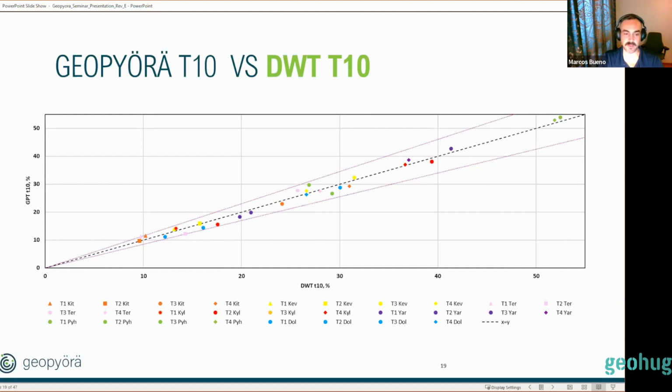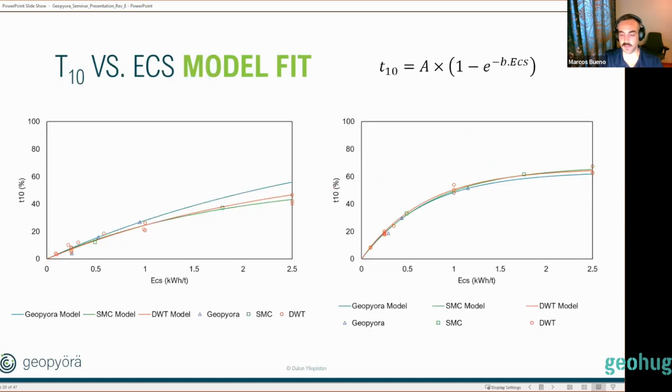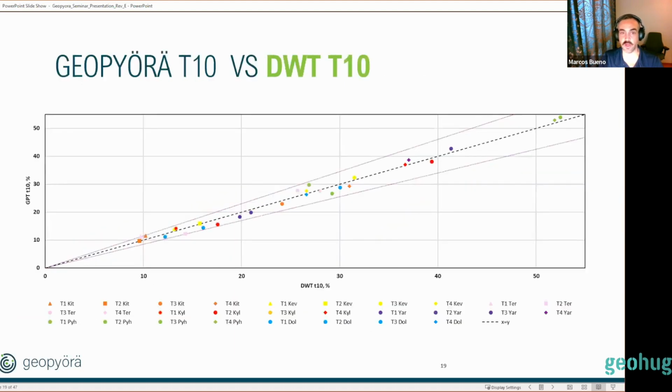What does that mean? We got a number of samples from different deposits, and then we tested them in the Geopyörä, which, differently from other tests, measures the energy. It's not an input. And then we sent the same samples, duplicate samples, to a drop weight tester, where the energy is an input, a nominal amount of energy that's given to the rocks.